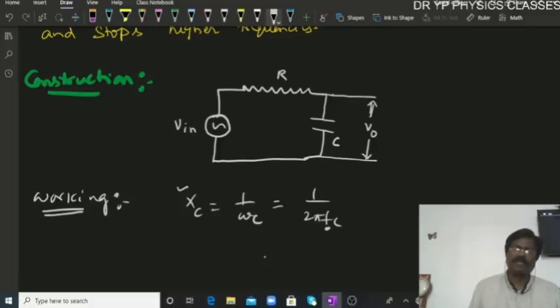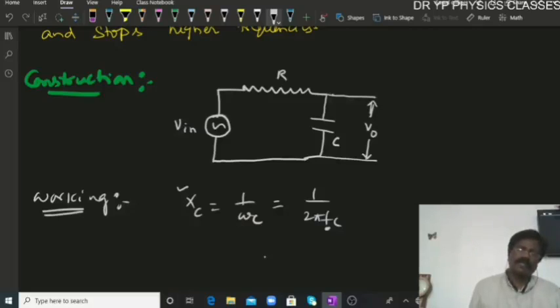So maximum voltage will be stopped at this capacitor. Therefore, the same amount of input I give, I am not going to get across the capacitor. Therefore, the potential difference goes on decreasing.